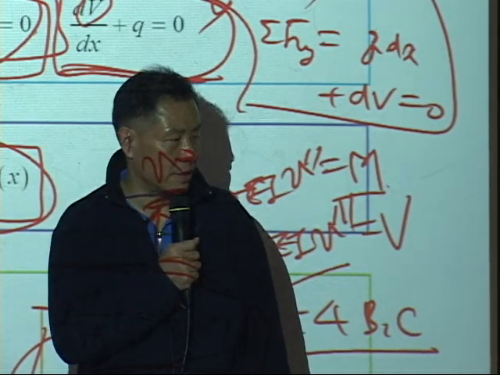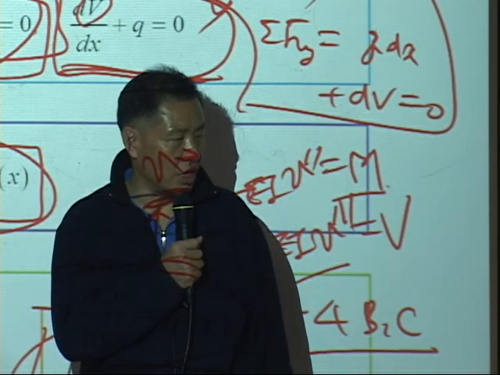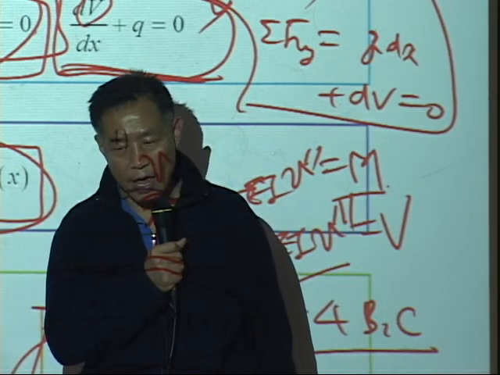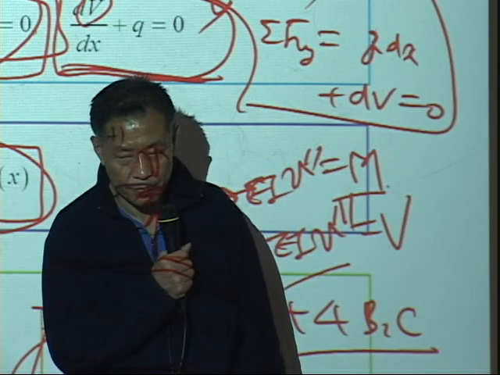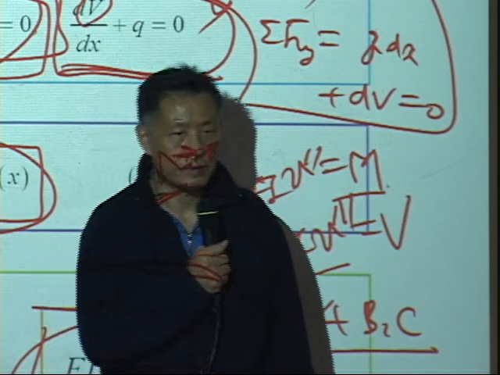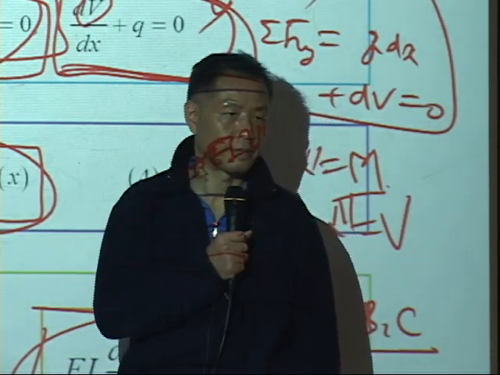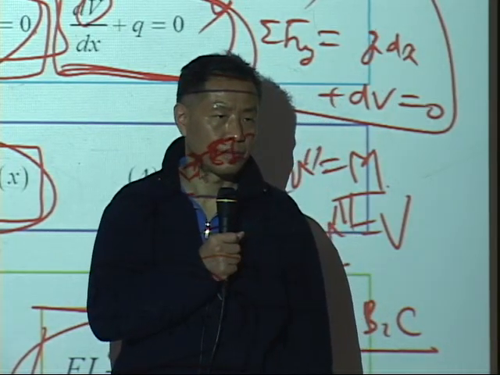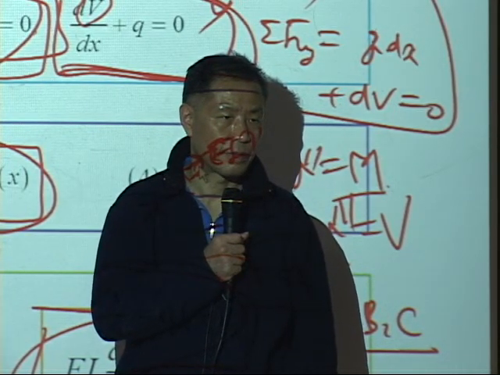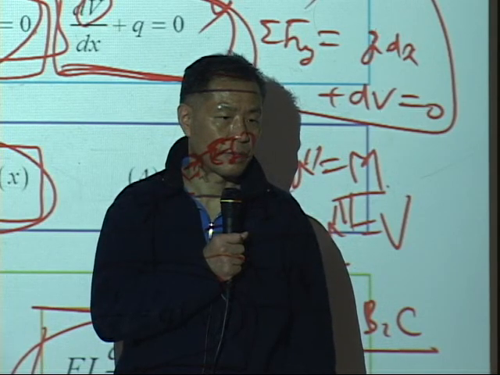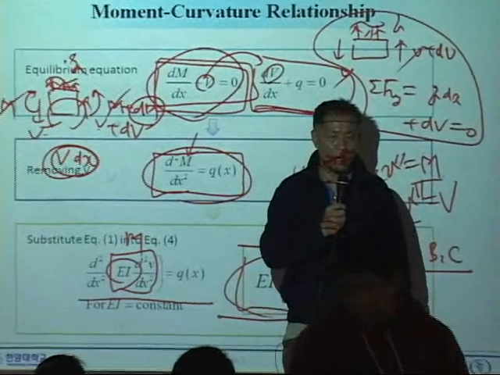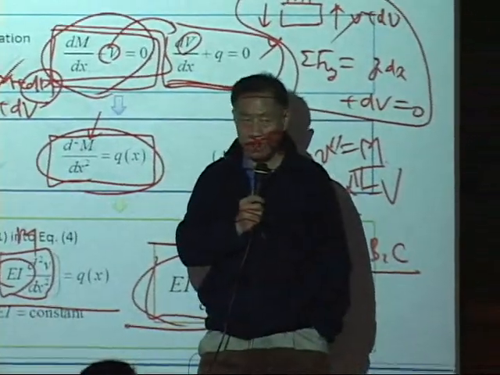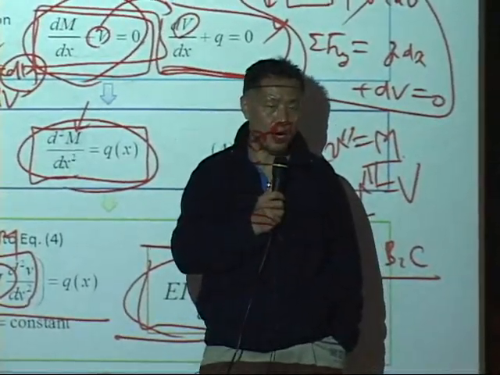Next, the equilibrium equation, M in terms of Q. Okay, M equals EI curvature, right? M equals EI curvature.